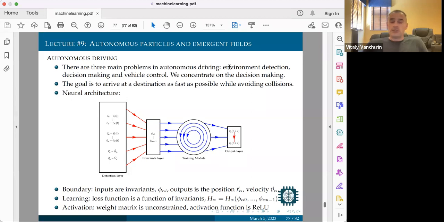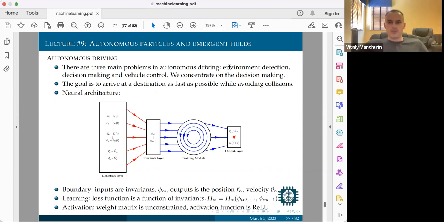And of course, as I said, in the real world, you would also have to train this technological layer, making sure that the car gets the velocity and acceleration that it wants, and knowing exactly how much to brake and how much to push the gas pedal to accomplish that. Okay, so vehicle control solved, environmental detection solved, decision making is the hardest one.